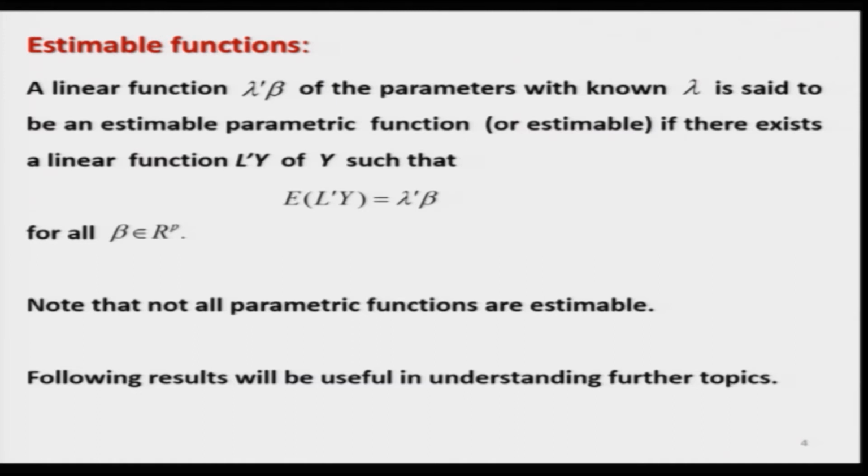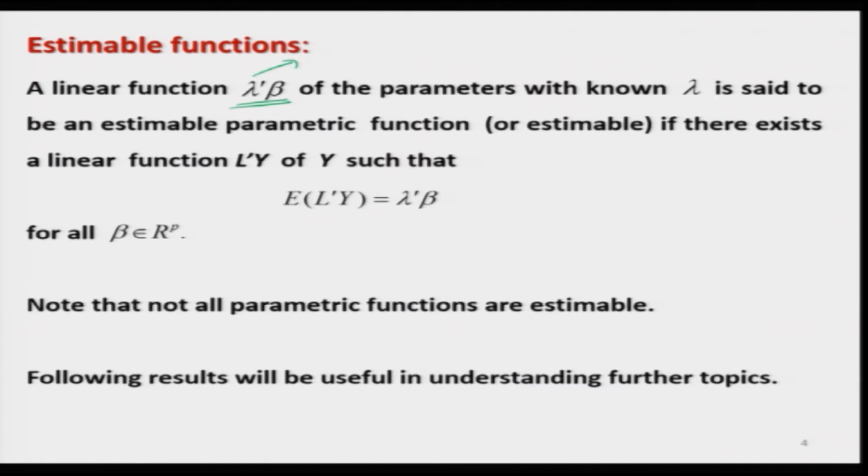Consider a linear parametric function, say lambda transpose beta, where lambda is a vector of some known values, and beta is your parameter vector of beta 1, beta 2, ..., beta p.